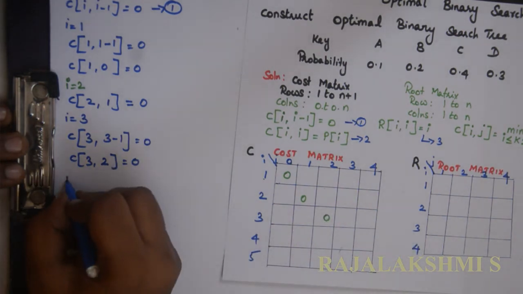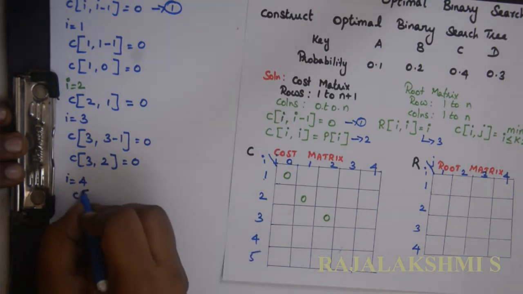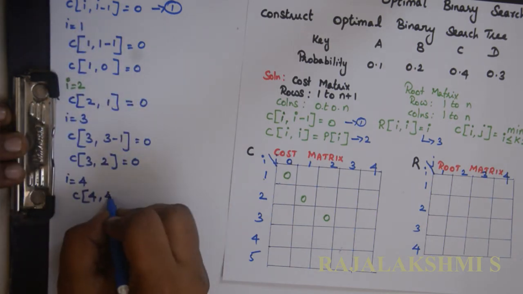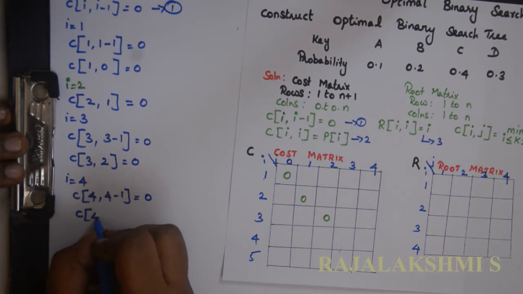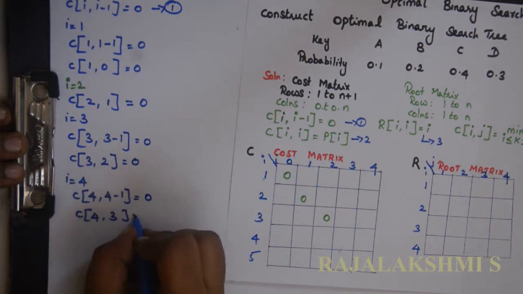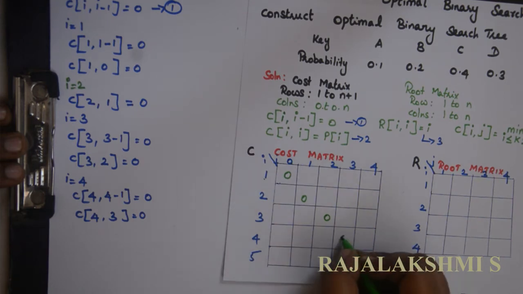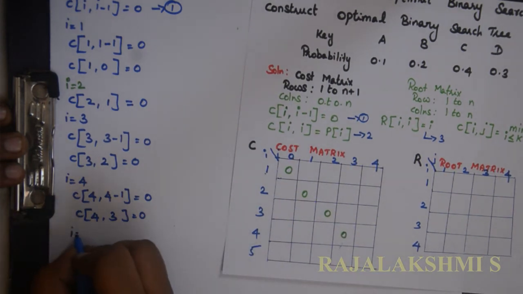Okay, and then the next value of I is 4, right? So C of I comma I minus 1. So it is 4 comma 4 minus 1, which is 0. So C of 4 comma 3 is equal to 0. Then the next value of I is 5. So I is equal to 5.